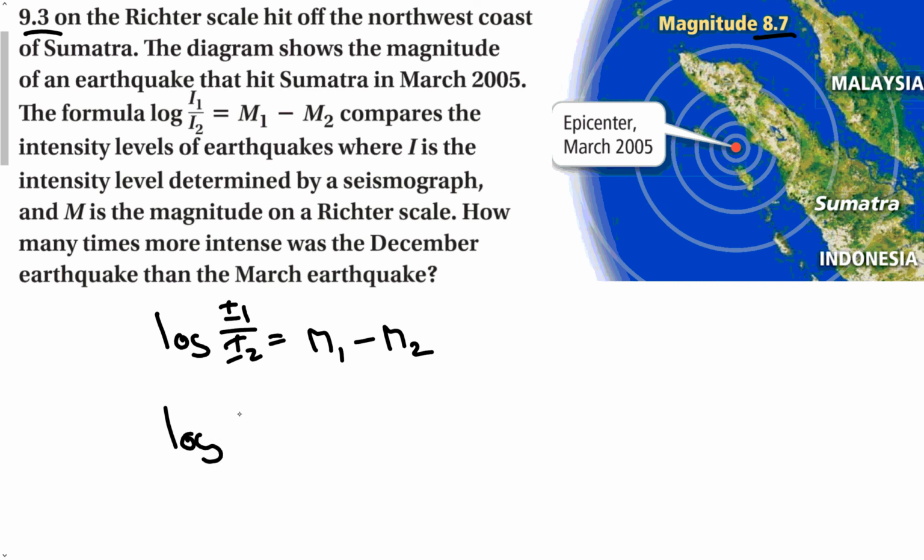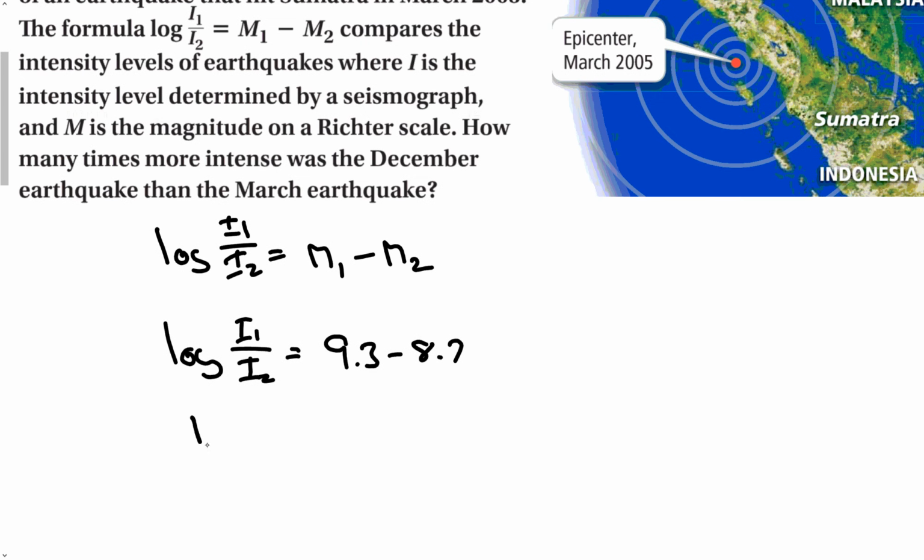So this ratio is going to be equal to 9.3 minus 8.7. And we get that the log of this ratio is going to be 0.6. I don't really want to solve for each one of these.